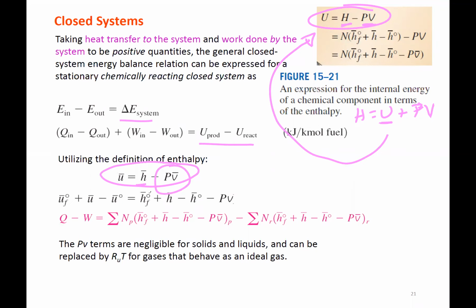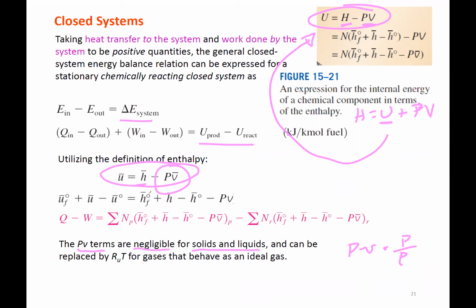And it actually ends up being nice in that the PV term, if you have a solid or a liquid, let's say a reactant is a solid, say carbon, a solid coal, then it's negligible, because PV is the same as pressure over density.